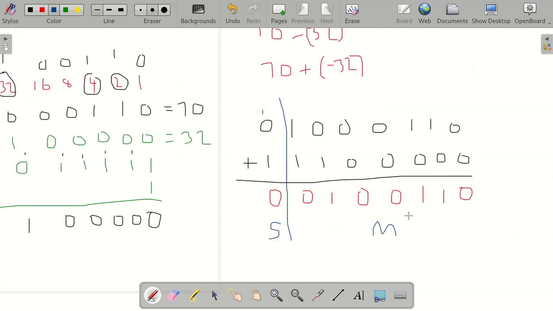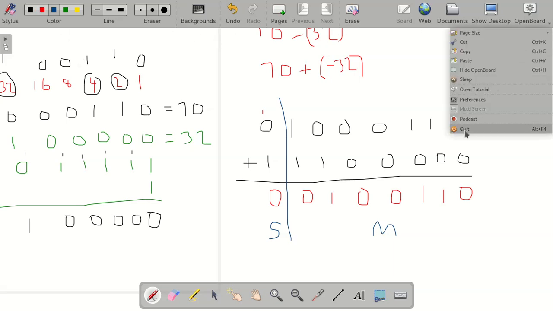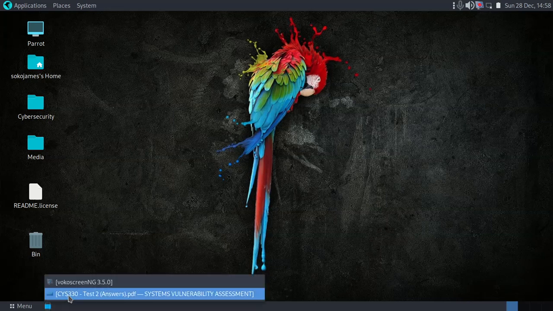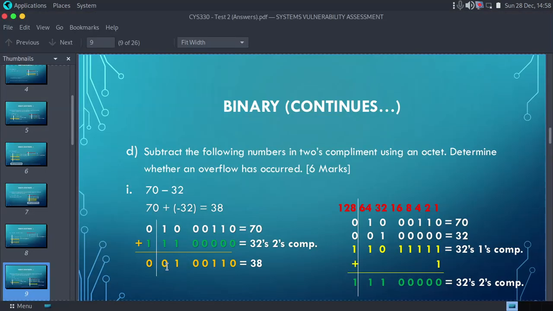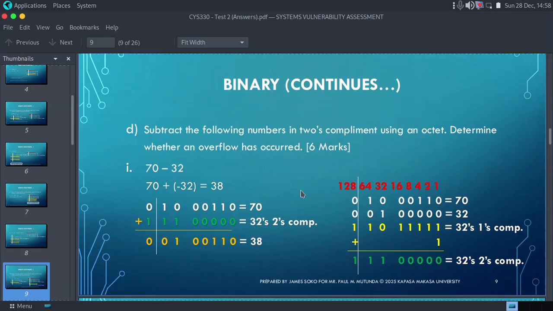Let's confirm the answer: 0 0 1 0 0 1 1 0, which is 38. Because what we expected is what we've obtained, no overflow occurred.